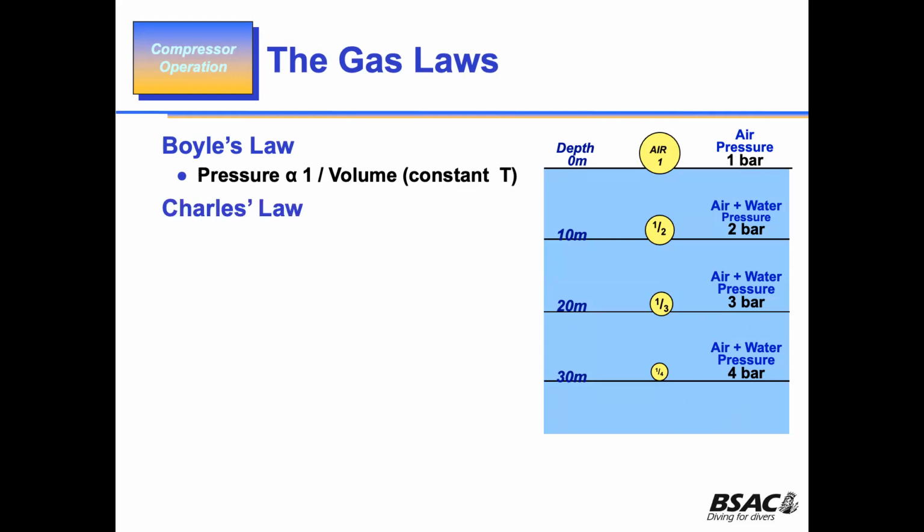The other one that comes along is Charles' law. Now, these are really to do with gas compression. All 3 of them come together, but these are the extras you need to take into consideration when doing gas compression. Charles' law says volume is proportional to temperature at constant pressure. What that's saying is that if you decrease the volume, you will increase the temperature, providing the pressure stays constant.